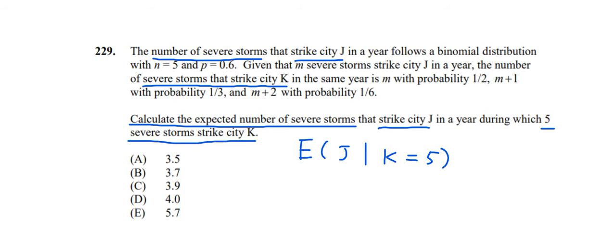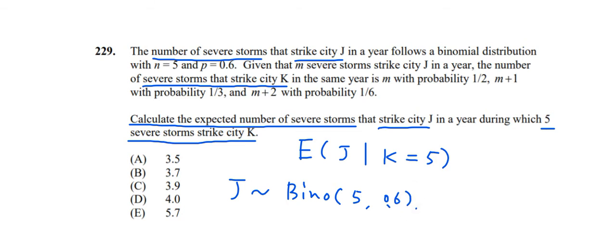For J, we know it follows a binomial distribution with n equal 5 and p equal 0.6.